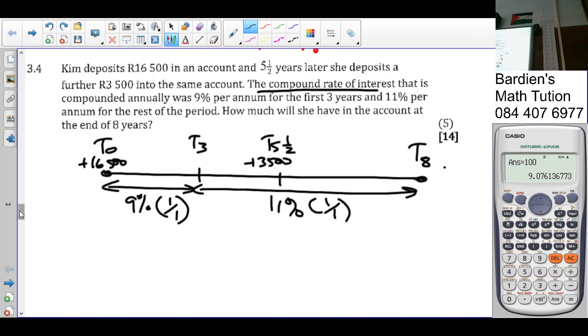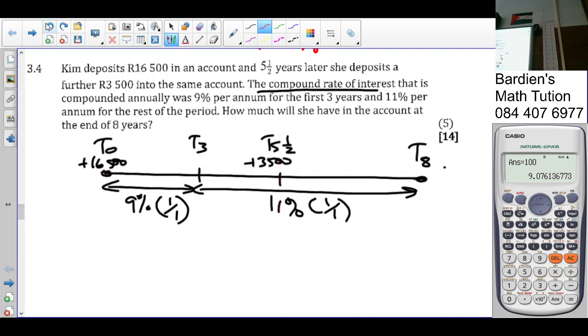Now we can do it in many ways. We can break this up: take 16,500 to that point, then change the interest, take it to that point, work that value out, then add the 3,500 and take it to the end. That is one way of doing it.